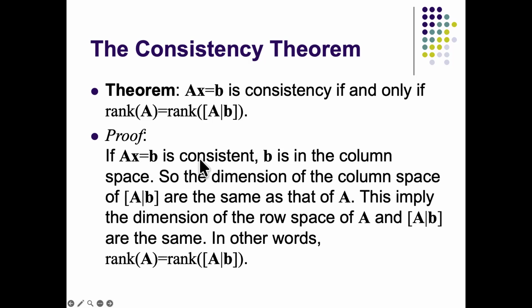B can be written as a linear combination of the column vectors of A. So the dimension of the column space of A, B is the same as that of A, because B is a linear combination of the column vectors of A. So if AX equal to B has a solution, rank A equals rank of A with column B. From left-hand side to right-hand side is satisfied.